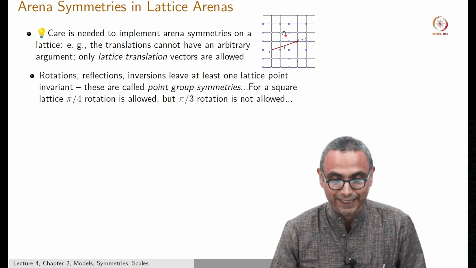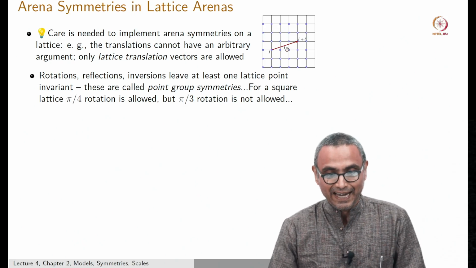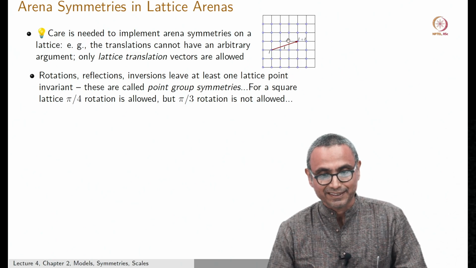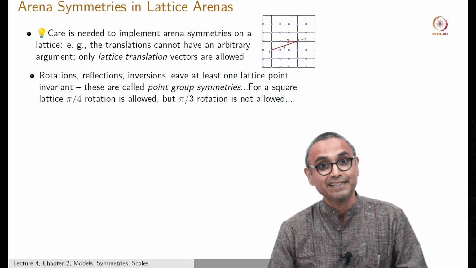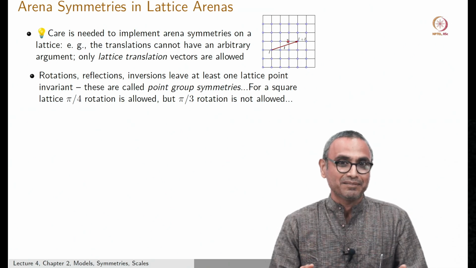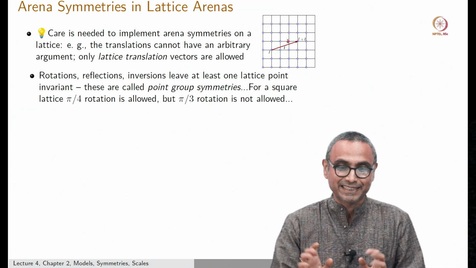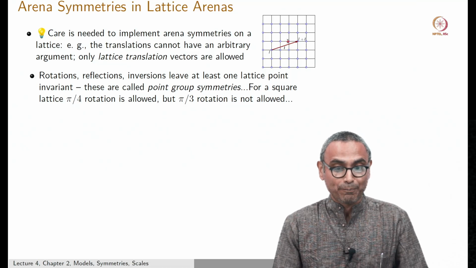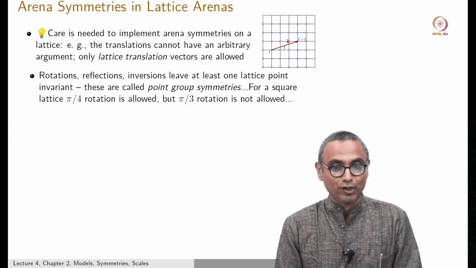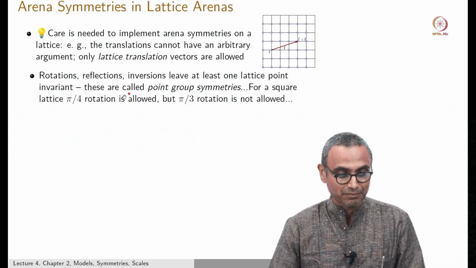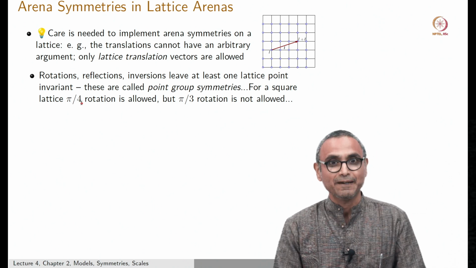For example, if I take the square lattice and think of rotation about this red dot showing on the screen, I cannot rotate by, for example, 60 degrees, because that will change the character of the lattice. I could do a pi by 2 rotation. There's a mistake here, but there is a pi by 2 rotation.